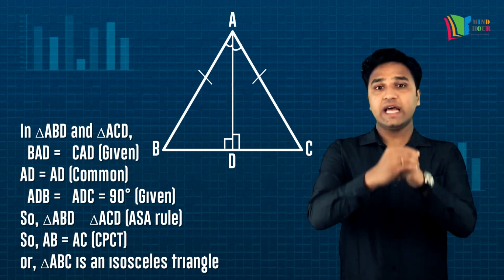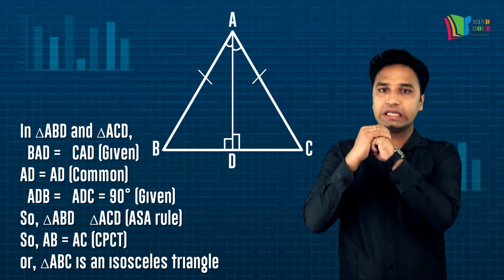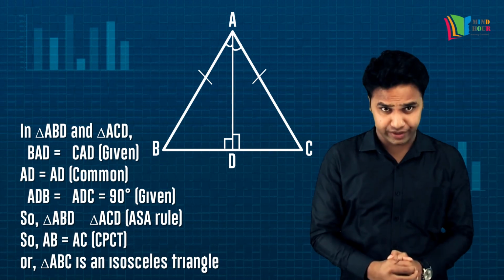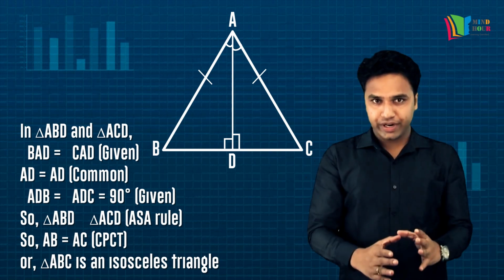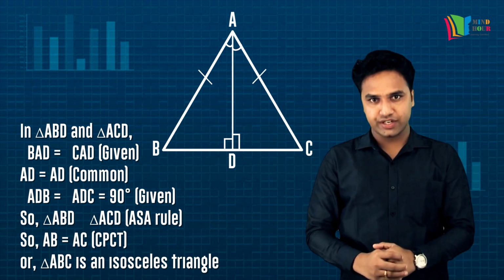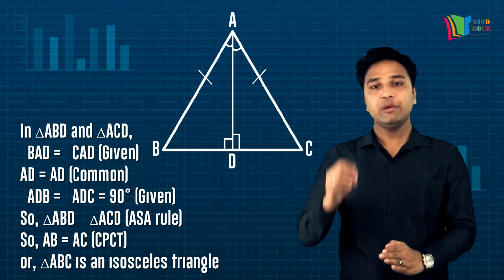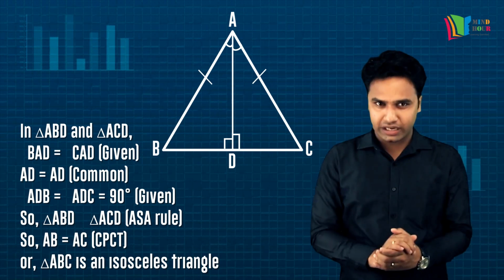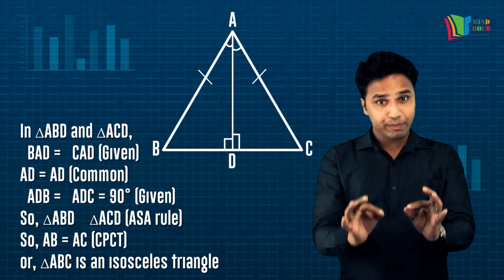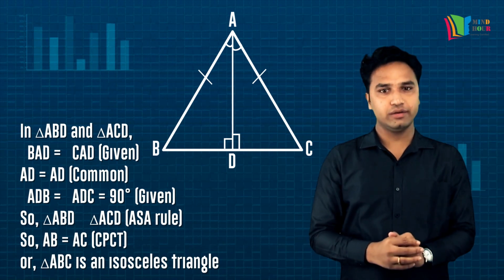It is given that angle ADB is equal to angle ADC, which is equal to 90 degrees. So, triangle ABD is congruent to triangle ACD by ASA rule. So, AB is equal to AC by corresponding parts of congruent triangles. Or, triangle ABC is an isosceles triangle.